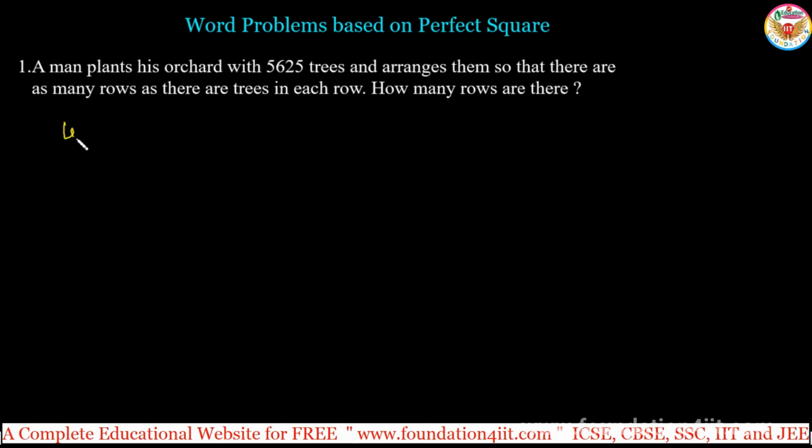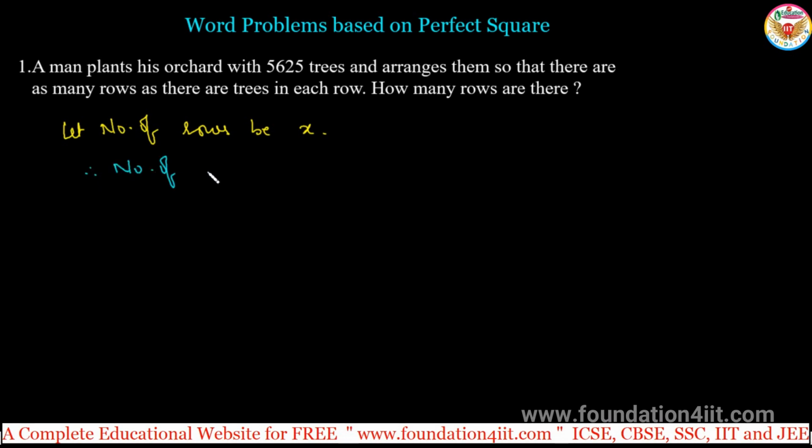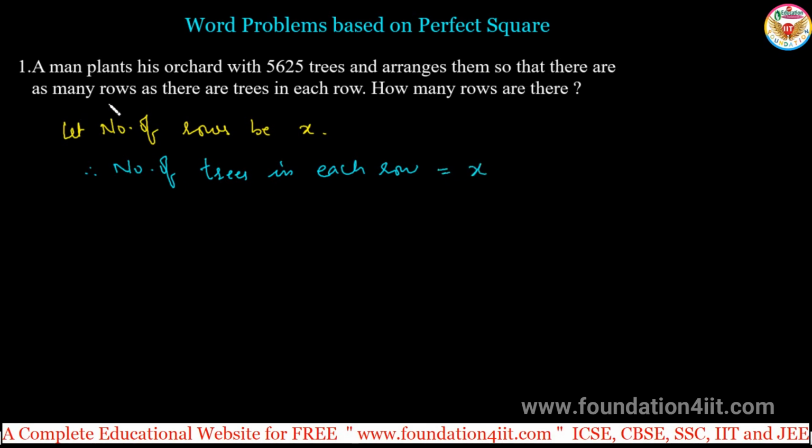So let the number of rows be x, and the number of trees in each row is also x, because there are as many rows as there are trees in each row.